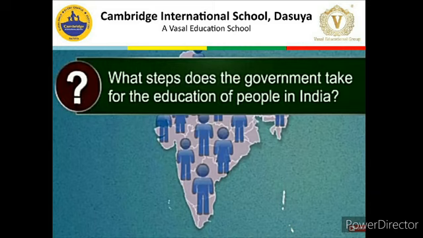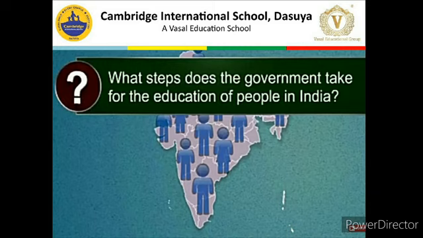There is also an establishment of pace setting schools like Navodaya Vidyalayas in each district, and Sarva Shiksha Abhiyan, which is a significant step towards providing elementary education to all children in the age group of 6 to 14 years by 2010.